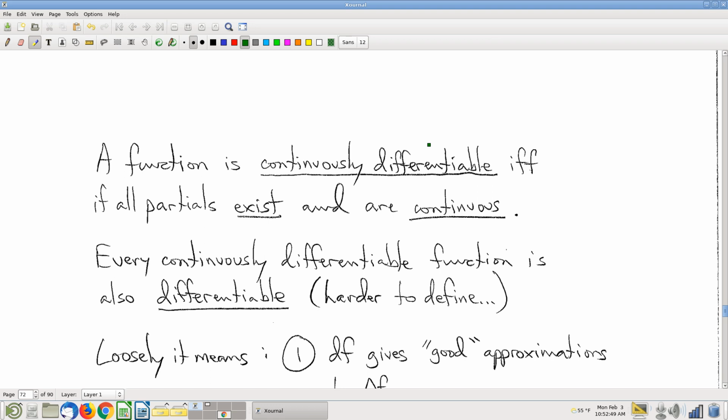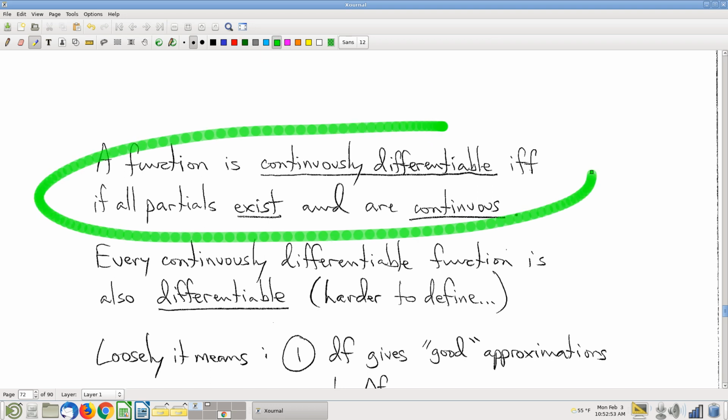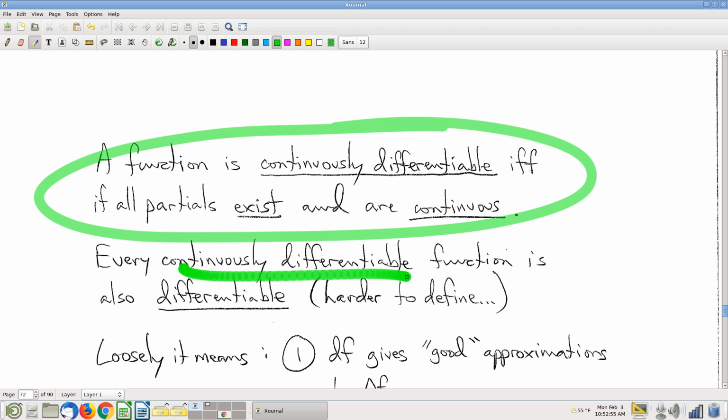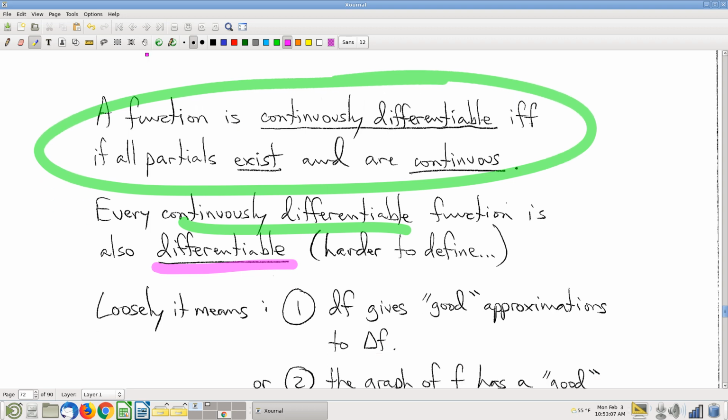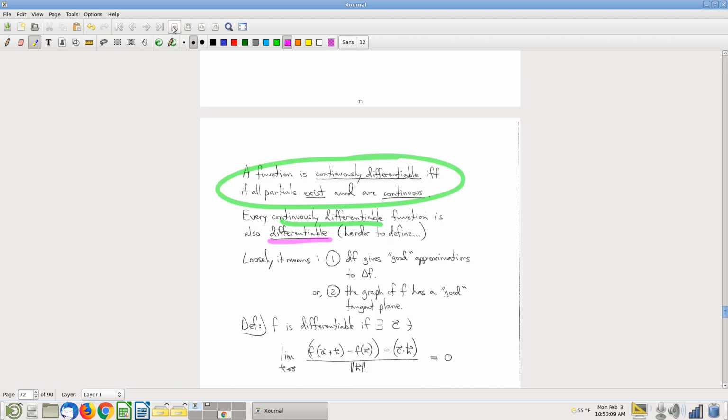Here's another neat fact about continuous differentiability: if a function is continuously differentiable, then that function is also differentiable. I have yet to tell you what differentiability means. And this is where I'm going to have to start sweeping stuff under the rug.